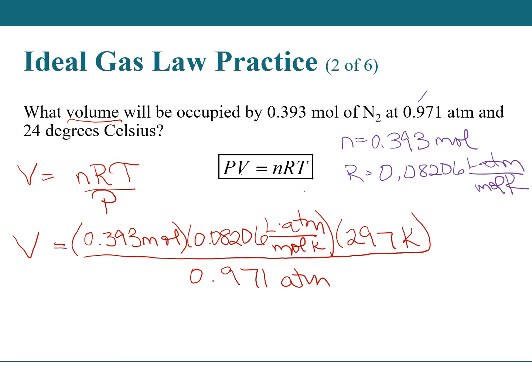Okay, so atmosphere divided by atmosphere, that divides out. Kelvin divided by Kelvin, that divides out. Moles divided by moles. So the remaining unit is going to be liters, which is good because that's the unit for volume. So let's do the calculation. 0.393 times 0.08206 times 297 divided by 0.971, and we get 9.86 liters. 3 significant figures.